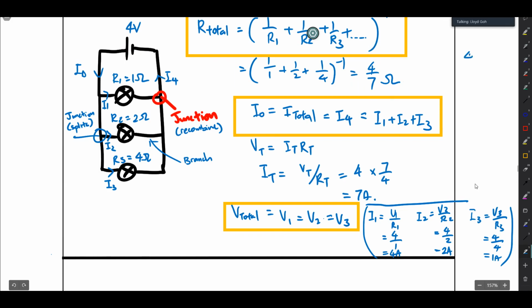So if you take 4 divided by 4 over 7, you get 4 times 7 over 4. This is how you get the 7 over 4. It's just mathematical working. You can just key in your calculator straight if you don't know how to do the working, but make sure you key in properly. The 4 over 7 needs to have a bracket.